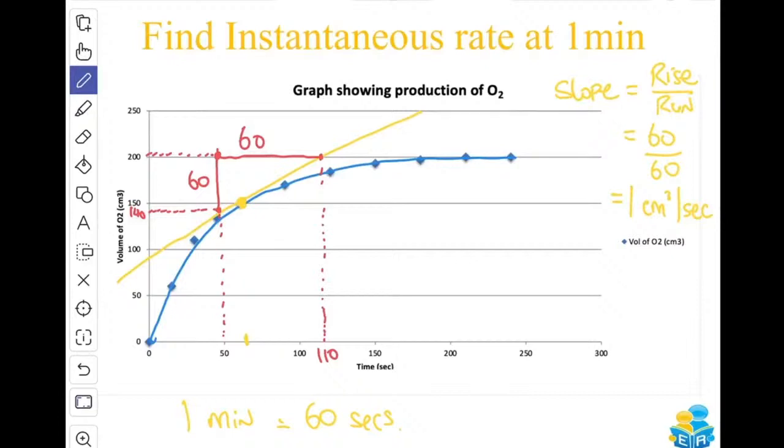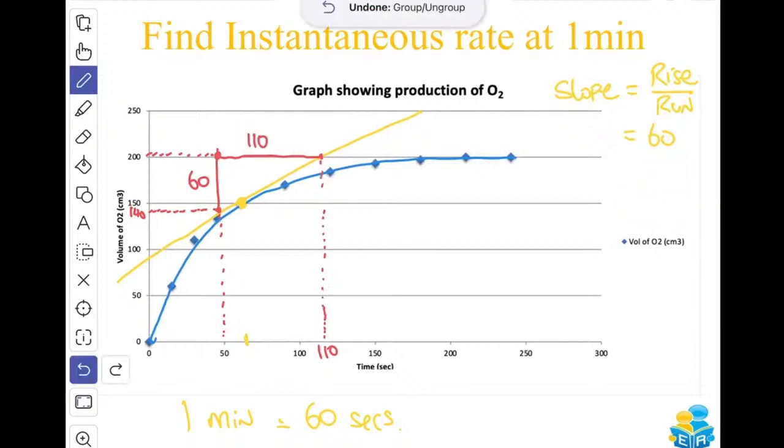So I'm going to do this calculation again, and find the instantaneous rate at another point in time. So I'm just going to clear the screen. Okay. And we will do another calculation of the instantaneous rate.